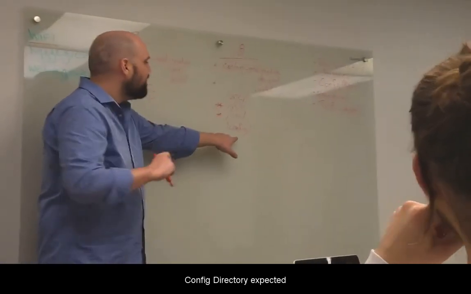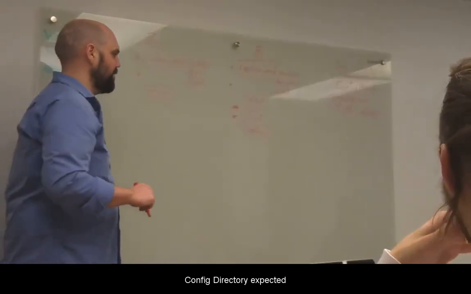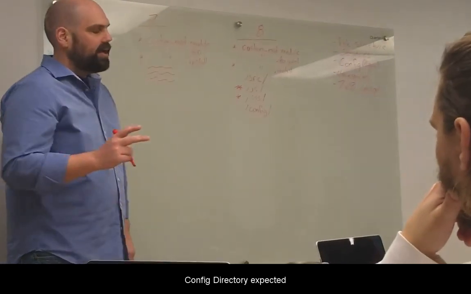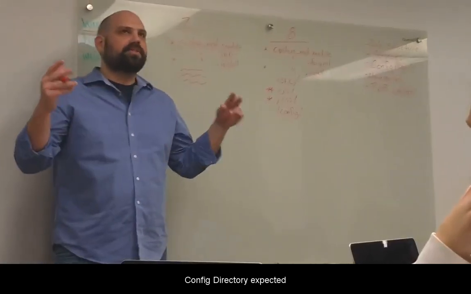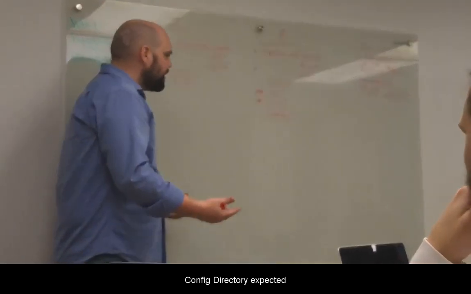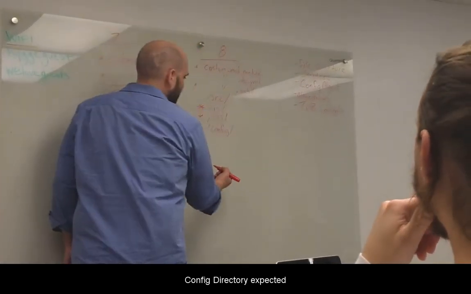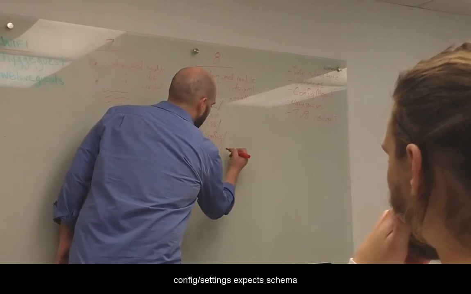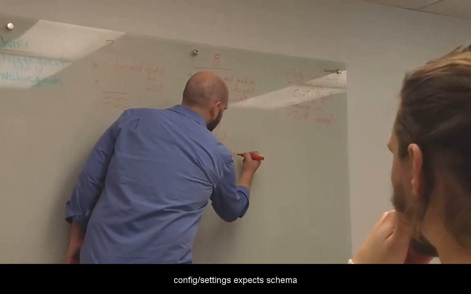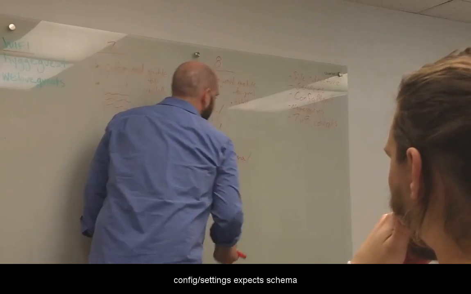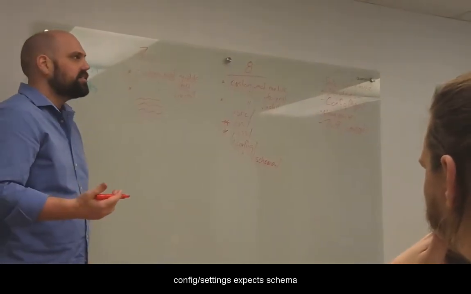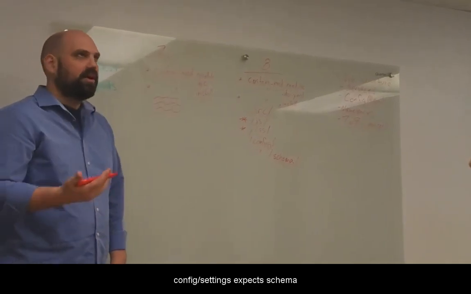So in config, you have two other folders that are expected. We're still working with a module that has settings, and settings have two different concepts that we need to take into account. We have the schema for your settings, which is going to be a YAML file that defines the types of your data.